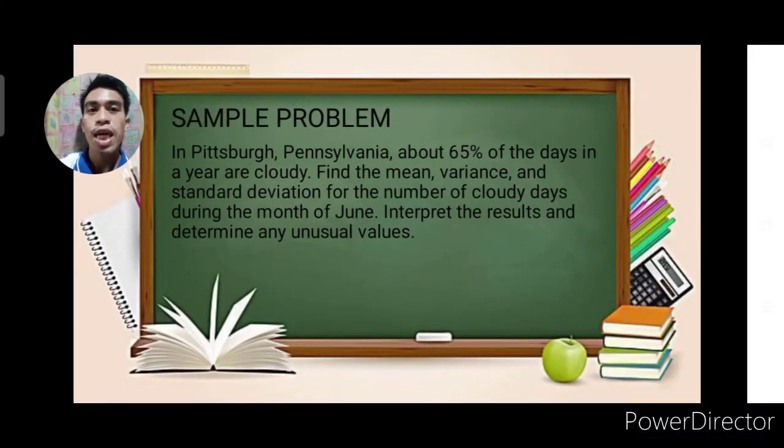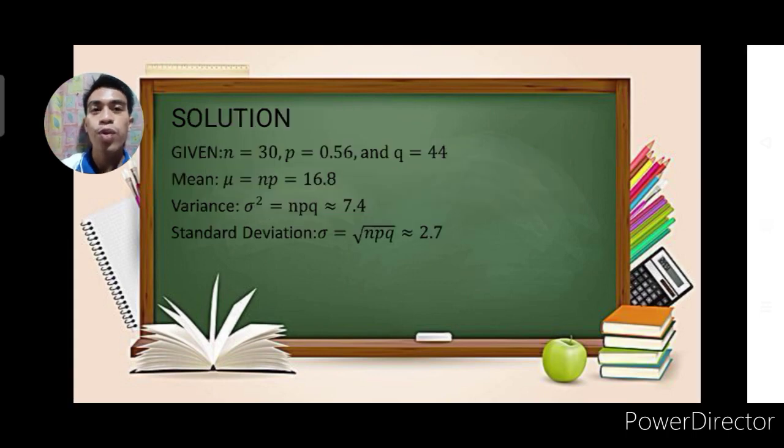Another problem. In Pittsburgh, Pennsylvania, about 65% of the days in a year are cloudy. Find the mean, variance, and standard deviation for the number of cloudy days during the month of June. Interpret the results and determine any unusual values. Okay, so our solution, we are given that n is equal to 30, p is equal to 0.56, and q is equal to 0.44.